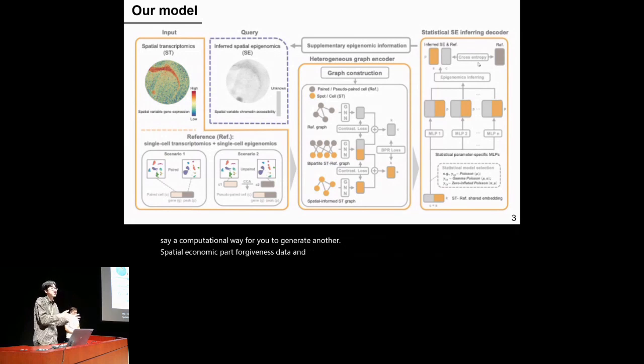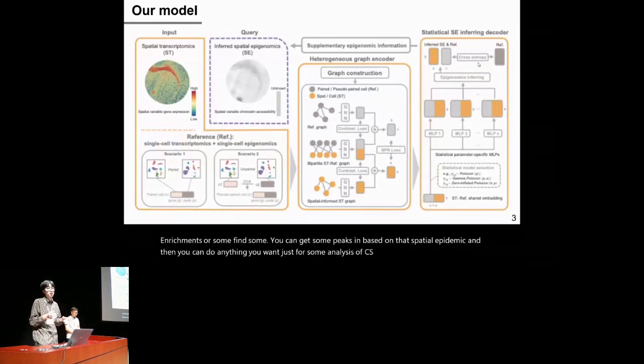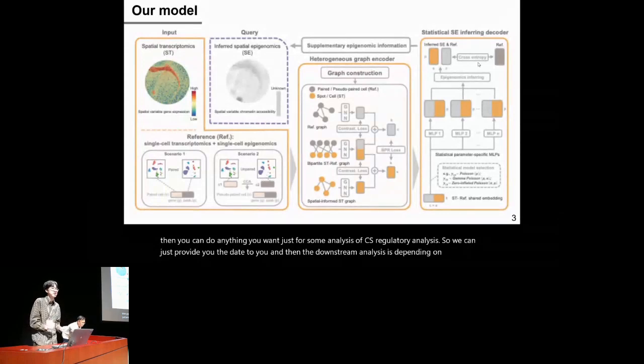If you get that as spatial epigenomic data, you can do anything you want, maybe some TF binding site enrichment, or you can get some peaks based on that spatial epigenomic data, and then do cis regulatory analysis. So we provide you the data, and the downstream analysis depends on you.